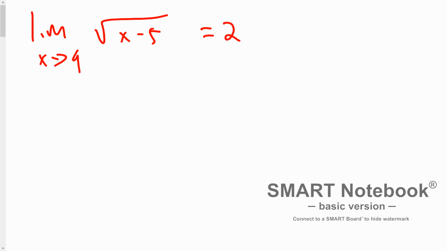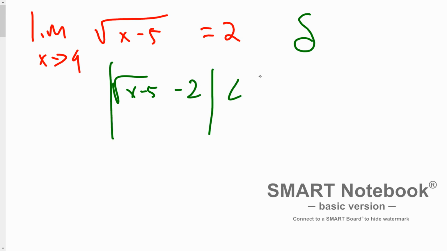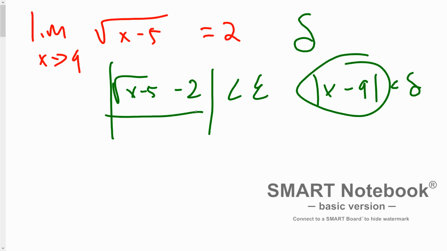Okay, so I need to find my delta. In order to find my delta, I plug in my f of x, subtract my L. Again, when you have something like this, you're going to multiply by conjugates, top and bottom. Really, this is all the same except I have x - 9 for my a rather than x - 5. So I want to make this look like this.